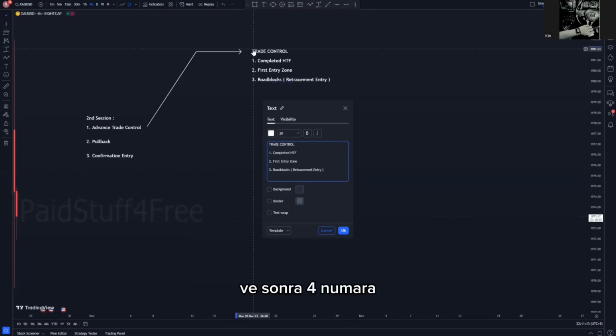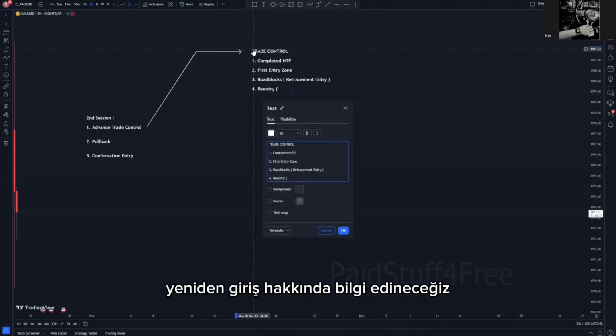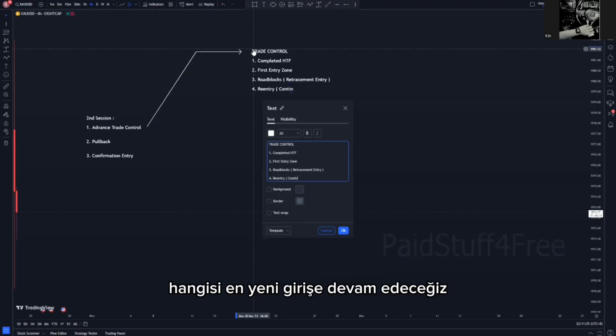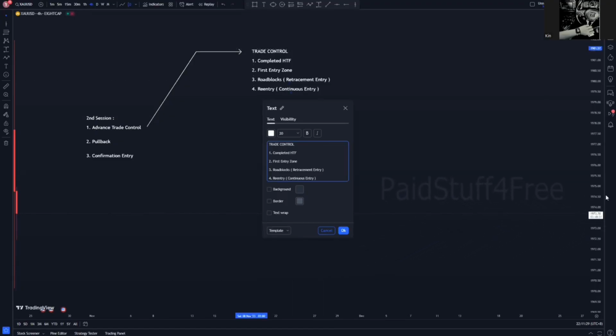And then number 4, we're going to learn about re-entry, which is continuous entry. All right. So number 1, number 2, number 3, number 4.